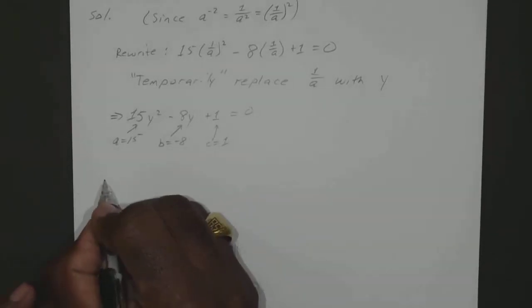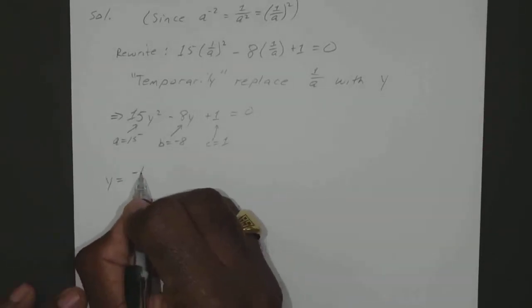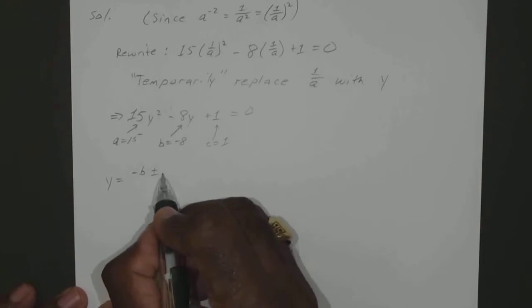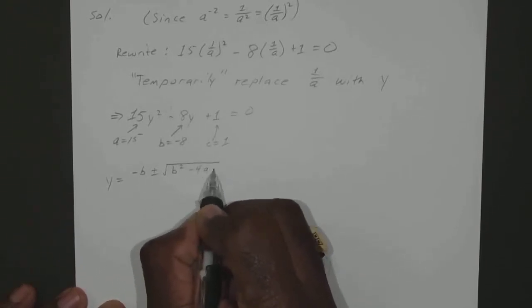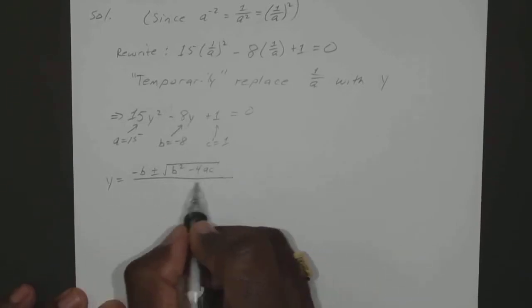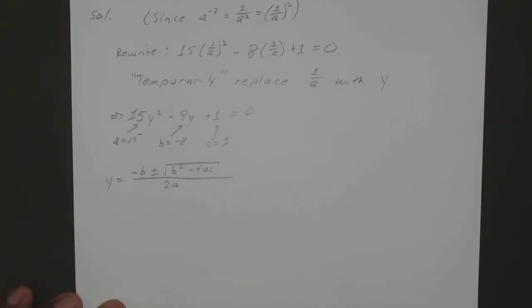Okay, so we know that y is equal to -b plus or minus the square root of b squared minus 4 times a times c, all over 2a.